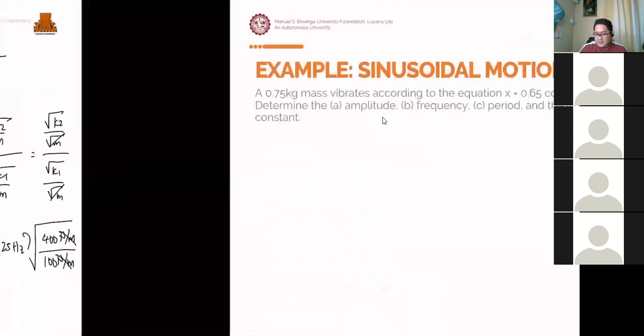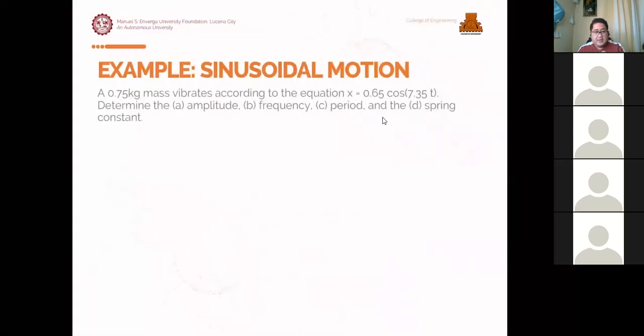Okay. So, last problem. A 0.75 kilogram mass vibrates according to the equation. Ito yung displacement equation natin. Determine the amplitude, the frequency, the period, the spring constant. Then dagdagan ko to, the velocity, no?